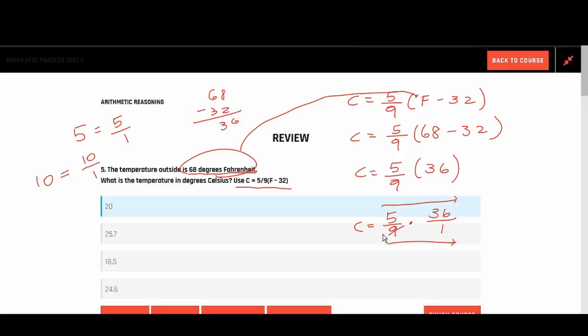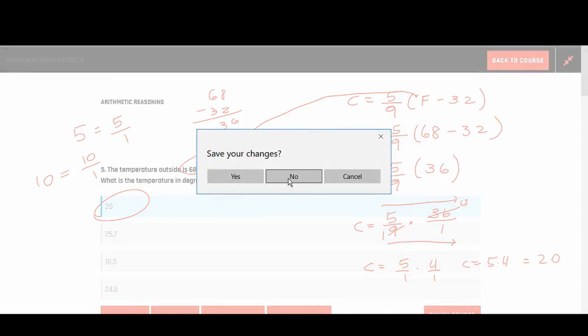I know 9 goes into 9 one time, and I know 9 goes into 36 4 times. So this, when I reduce it, is the same as 5 over 1 times 4 over 1, which is the same as 5 times 4, which is the same as 20. Okay?